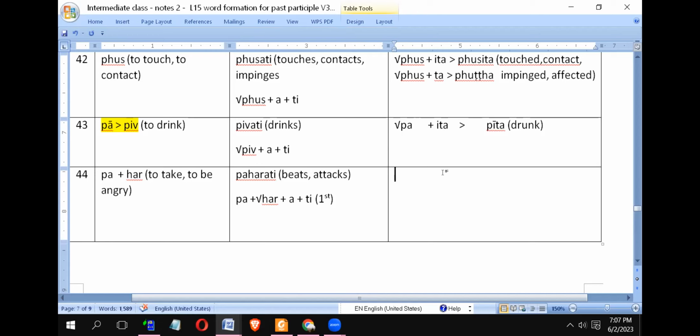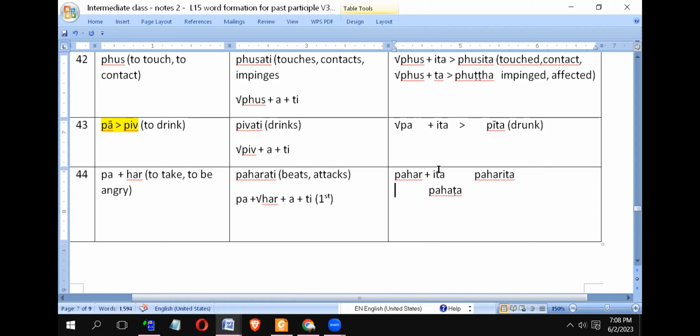So now, what is the possible past participle? Paharita and another one is pahata. We try the first one first. How do we get this one? This one is based on the root: pa plus ha plus ita.